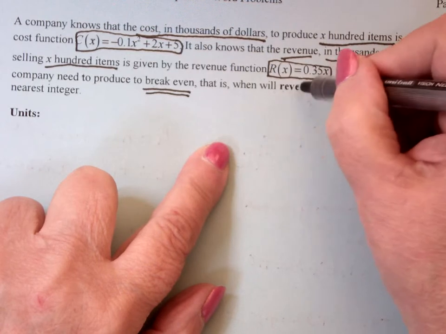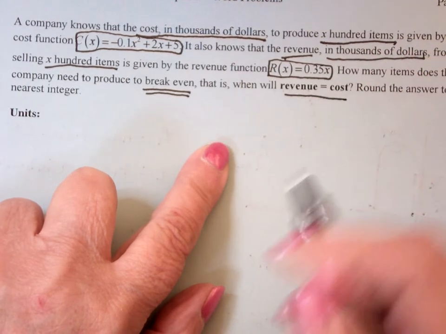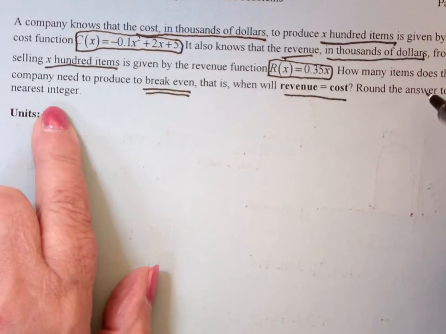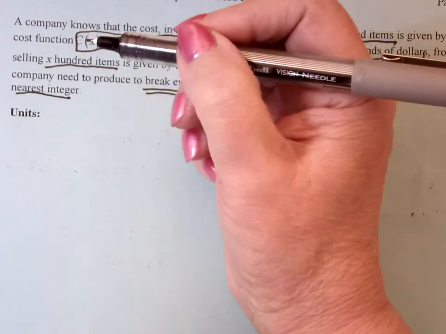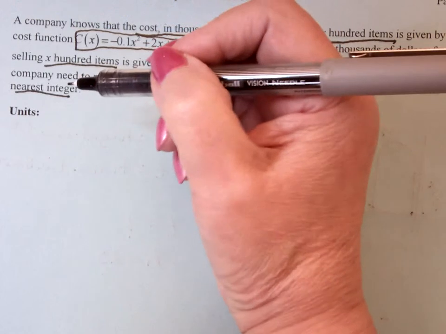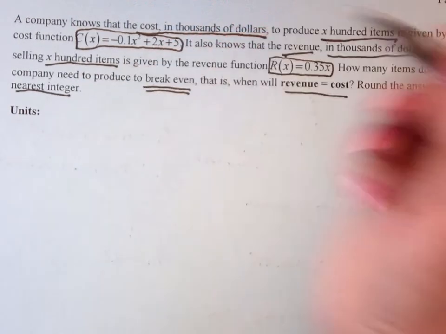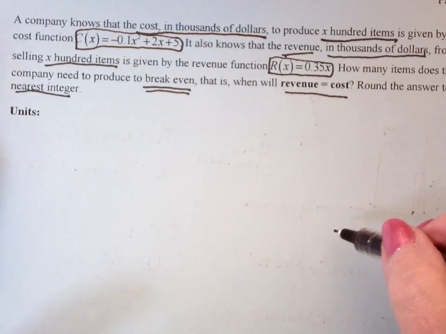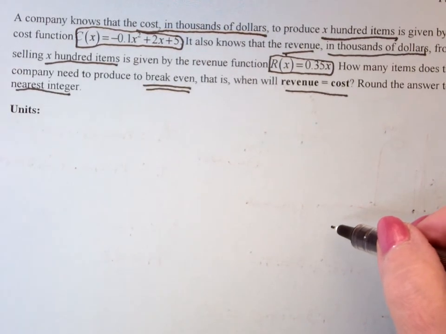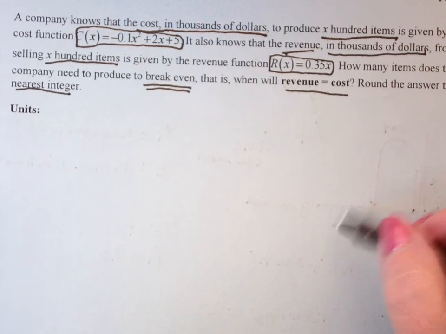That is, when will revenue equal cost? Round your answer to the nearest integer, and not dollars and cents, so it would be rounding to the nearest dollar, essentially, is what they're saying.